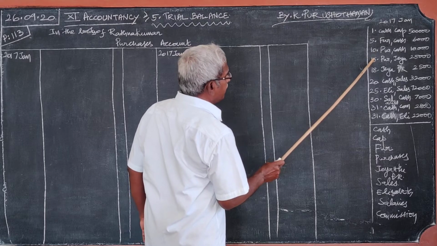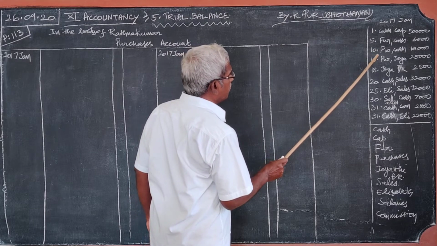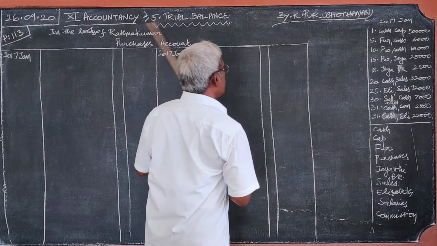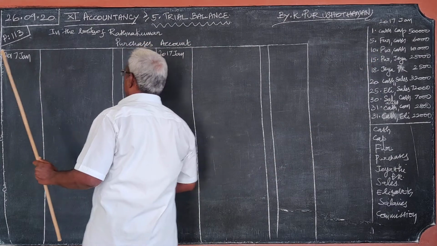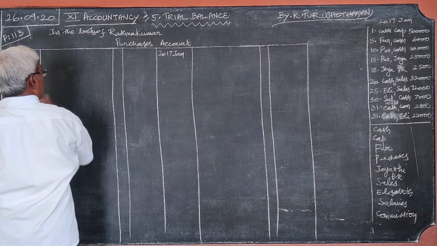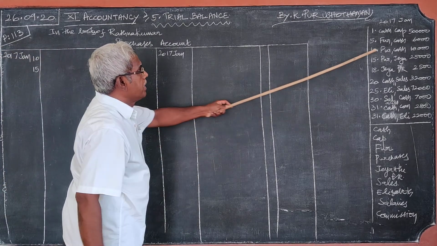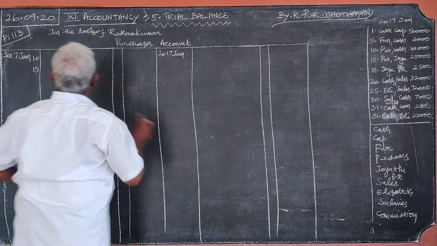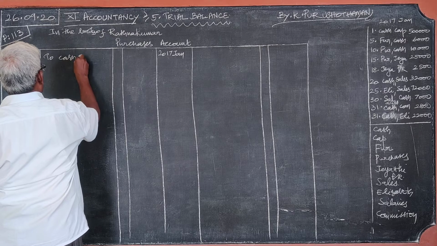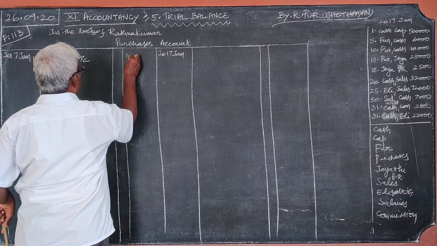On 10th and 15th, the purchases account is appearing. Both are appearing on the debit side only. We should pass entry on debit. So January 10th and 15th. What is coming along with the purchases on 10th? Cash. So to cash account, 10,000.